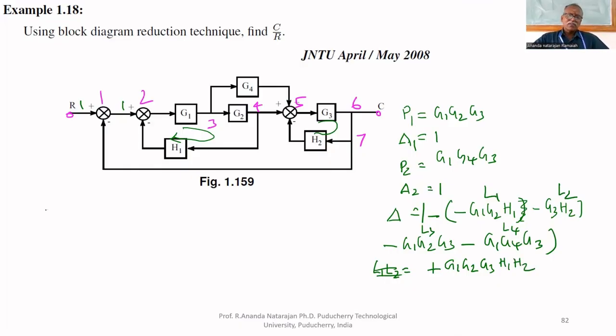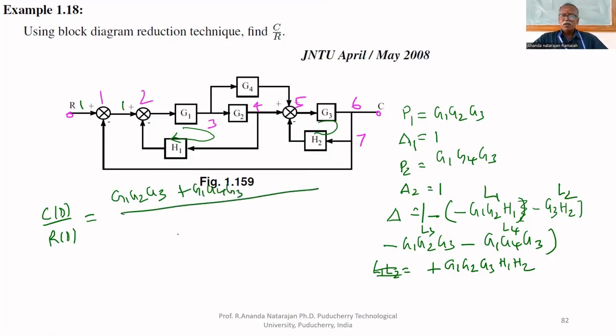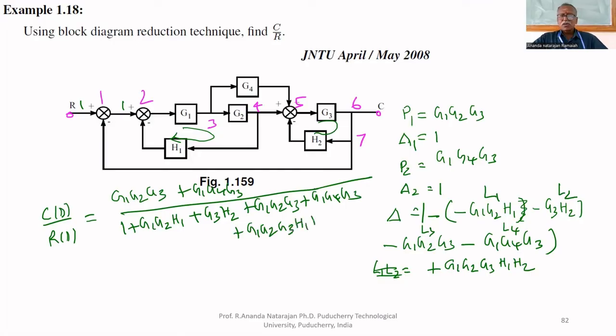Now I can write the transfer function. C of S upon R of S equal to G1, G2, G3, delta 1 is 1, that's why I am ignoring it, plus G1, G4, G3, upon 1 plus G1, G2, H1 plus G3, H2 plus G1, G2, G3 plus G1, G4, G3 plus G1, G2, G3, H1, H2.